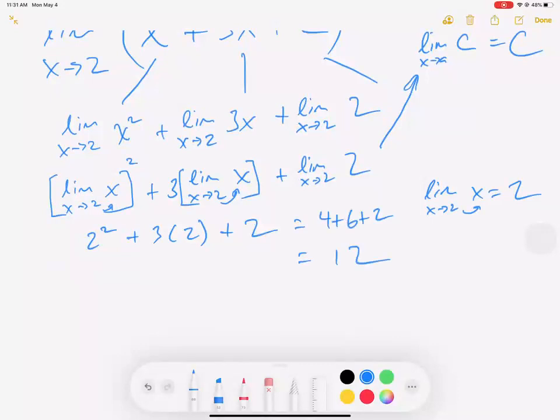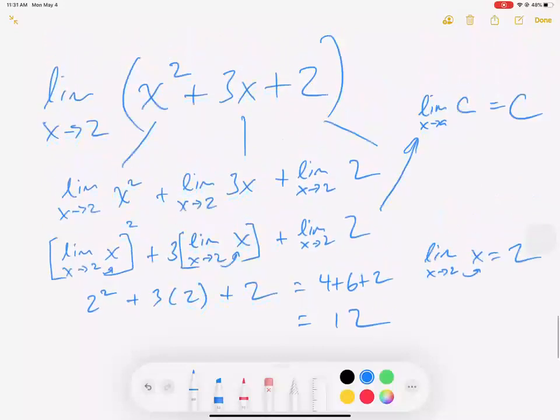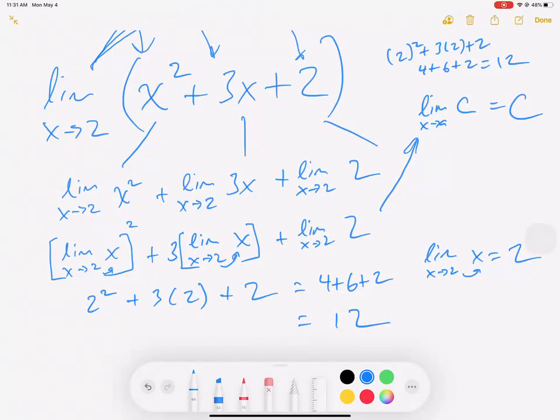Ms. Ko, you did all this work. What's the point? Couldn't we have just plugged in 2, 2, 2 up here? Because if we did that, that'd be 2 squared plus 3 times 2 plus 2, which is 4 plus 6 plus 2, which is also 12. So why'd you go through all that work? Why couldn't you plug it in right in the beginning?